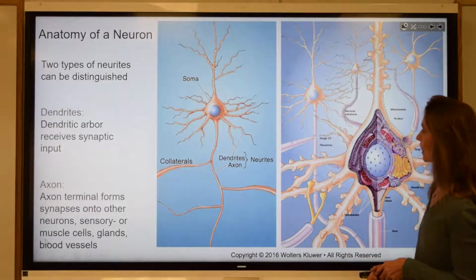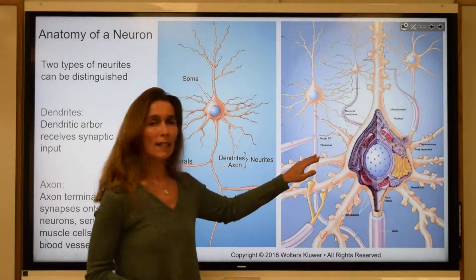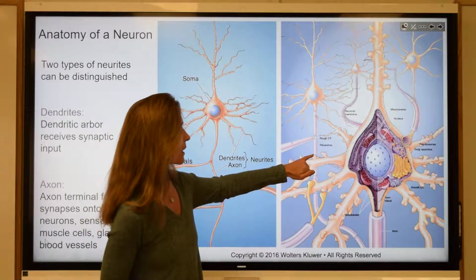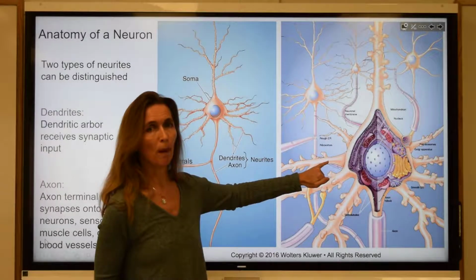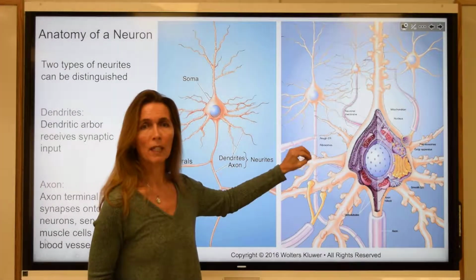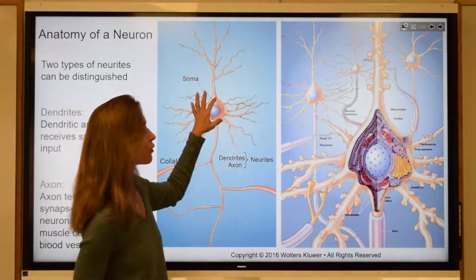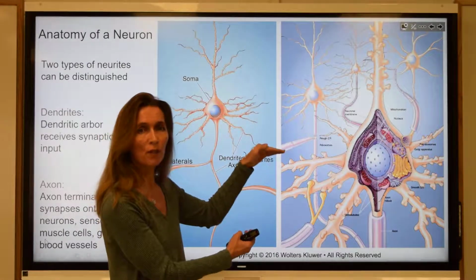As you can see in this picture here, the dendrites in some cases have very specific extensions, and these are called spines. These spines are usually receiving synaptic input. So for that reason, the dendrites are usually postsynaptic. So they receive synaptic input.